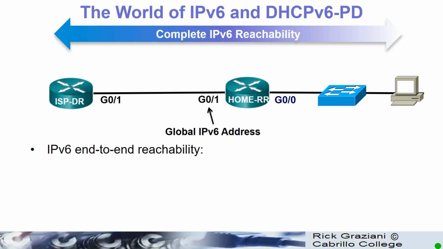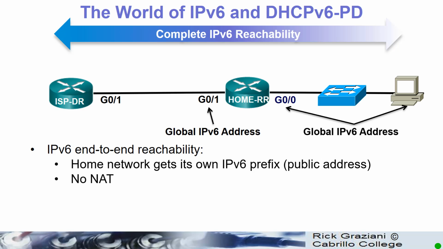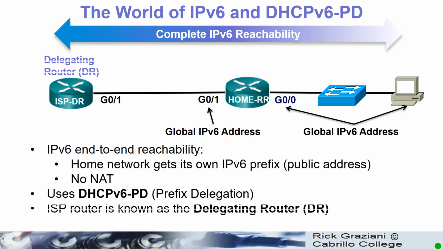So if we assign a global IPv6 address, we can verify end-to-end reachability, because we can start assigning all global IP addresses behind our router, because they'll get their own prefix, part of the public addresses. So no NAT, and it will use DHCP PD, the prefix delegation.